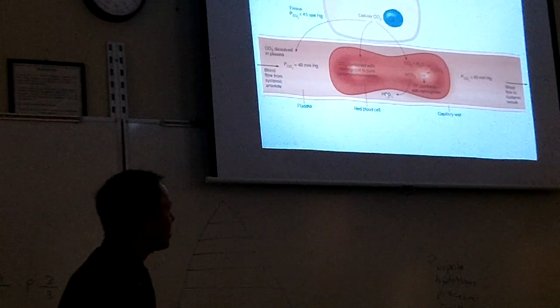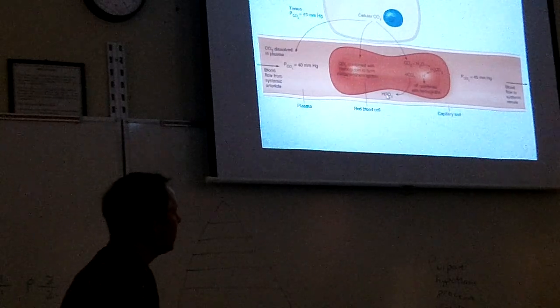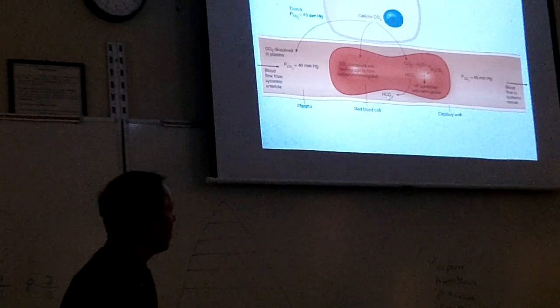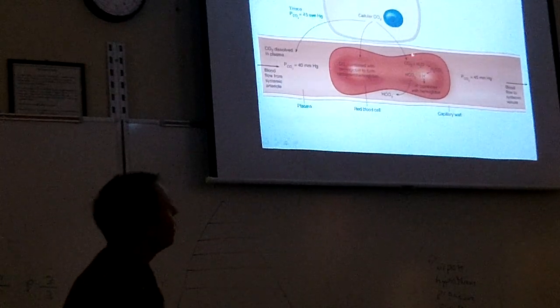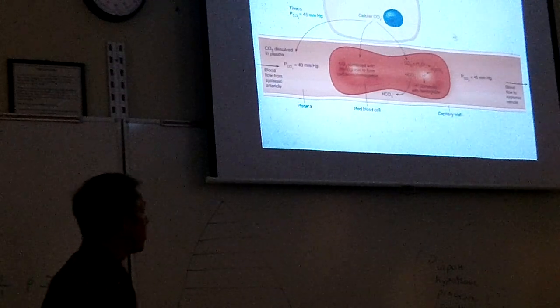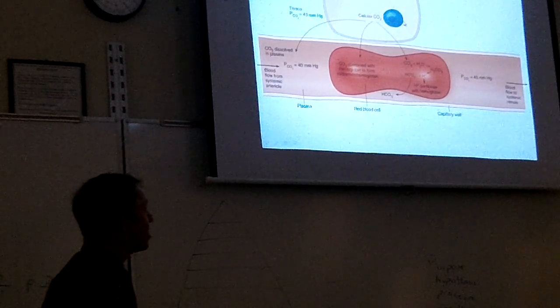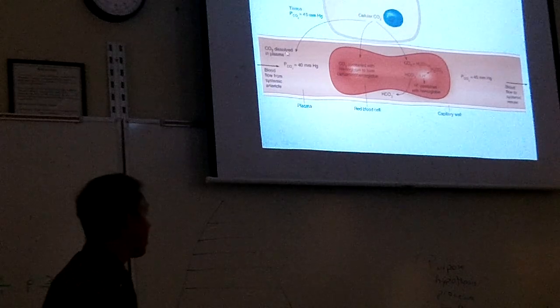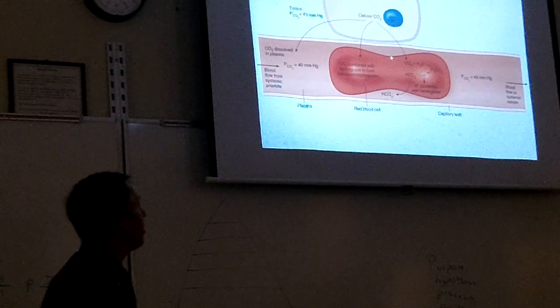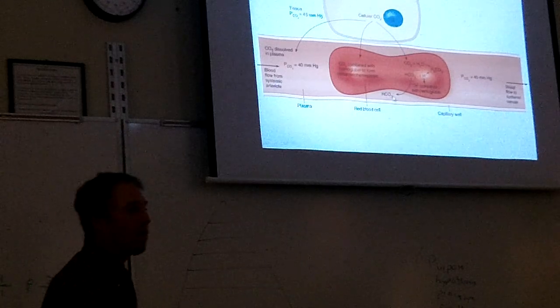And at the lungs, the HCO3- will dissociate from the water and go back to CO2 and come out of the blood into the lungs. So there's 3 different ways carbon dioxide is carried. Just dissolved in the plasma, combined with hemoglobin, or as the HCO3- molecule.